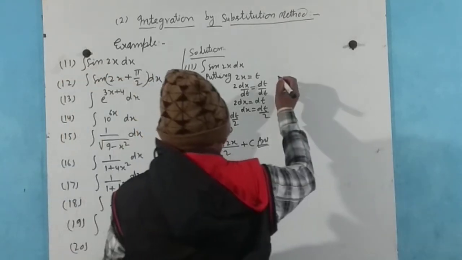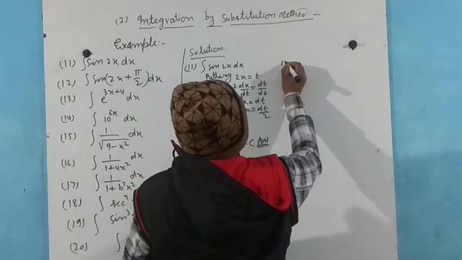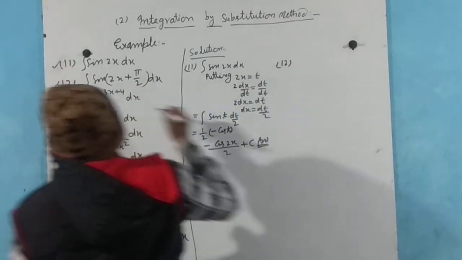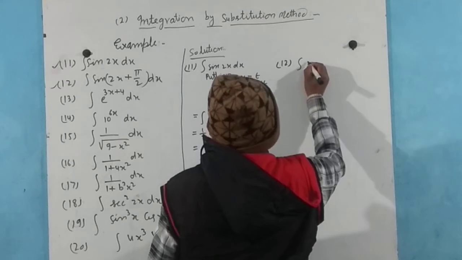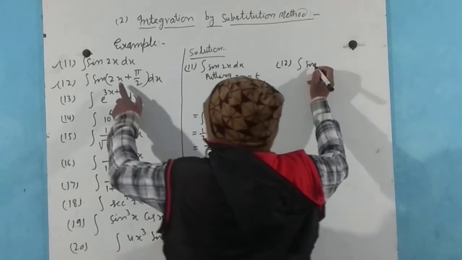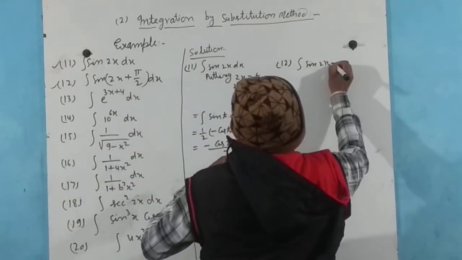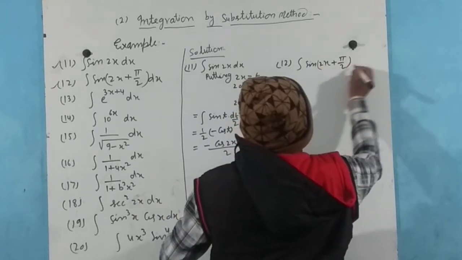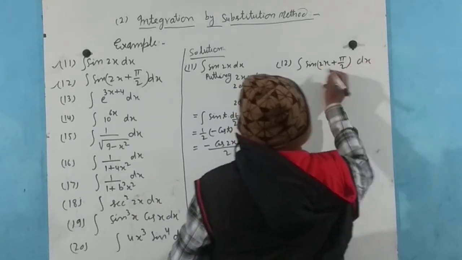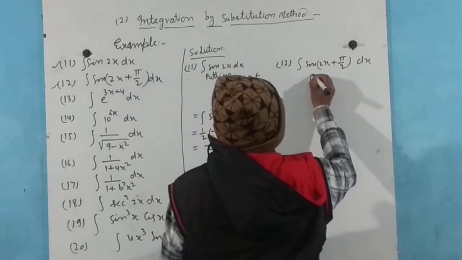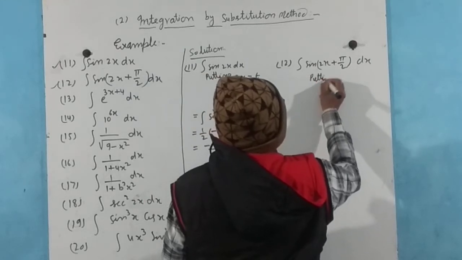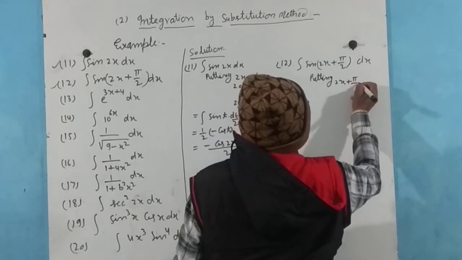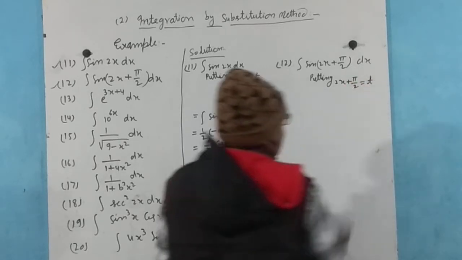Now question number 12. Here integration of sin(2x plus pi by 2) dx. Similarly, putting 2x plus pi by 2 equal to t.